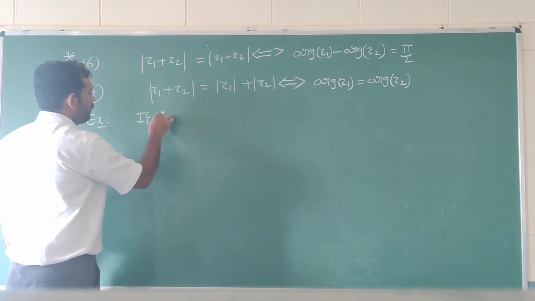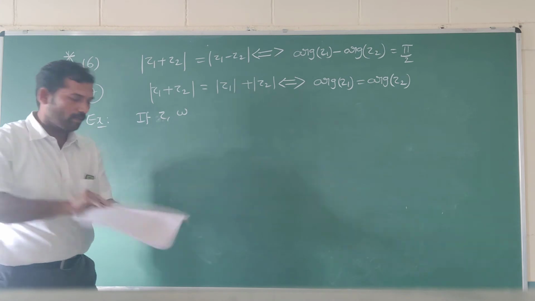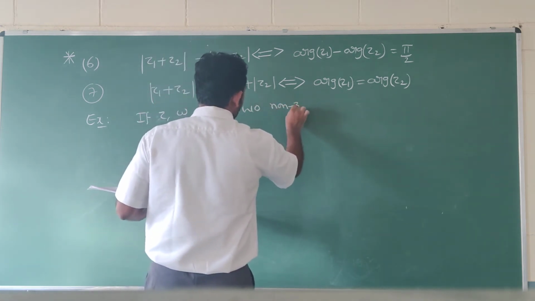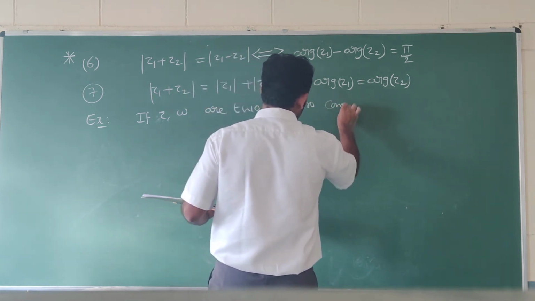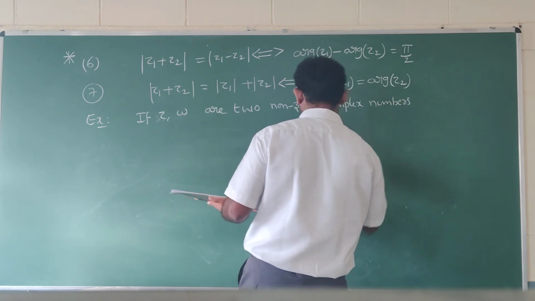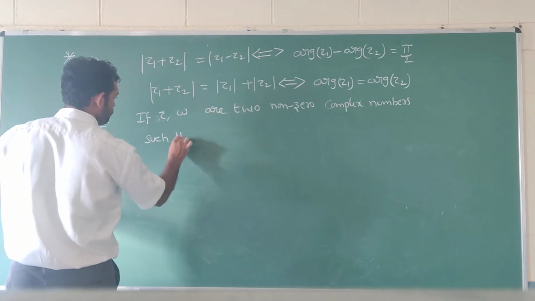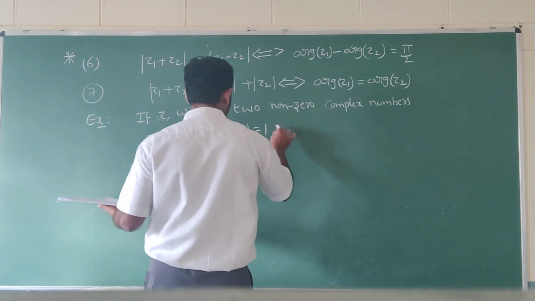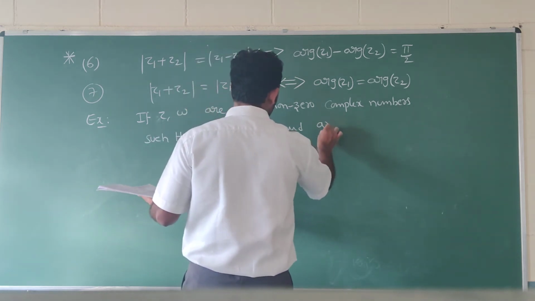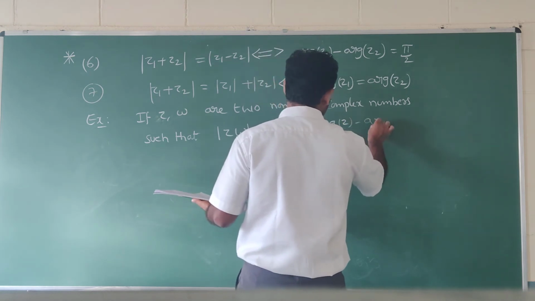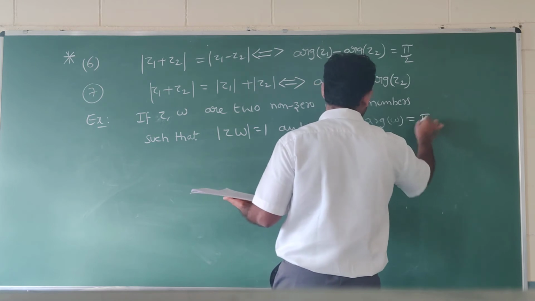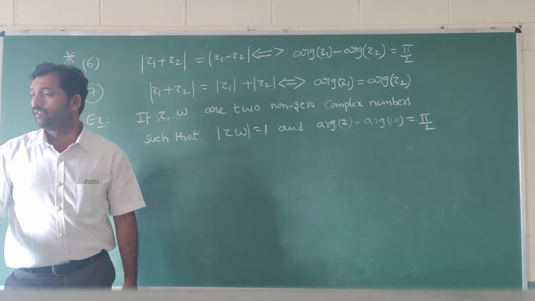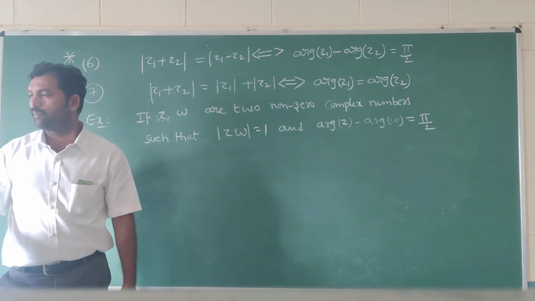If z, omega are two non-zero complex numbers such that modulus of z omega is equal to 1 and argument of z minus argument of omega is equal to pi by 2.